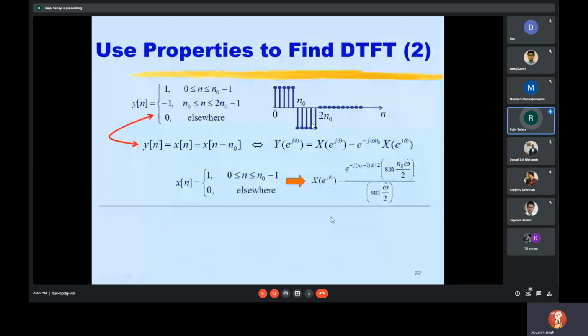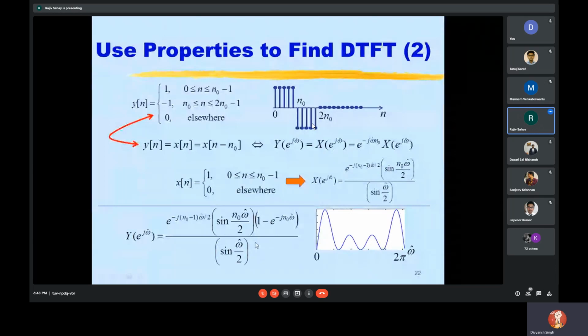You can take X of e to the power j omega common and simplify this. So it turns out to be this. Okay, this example is clear.